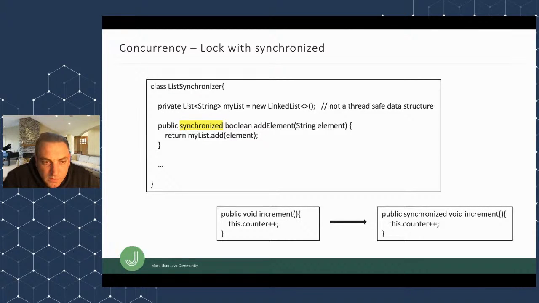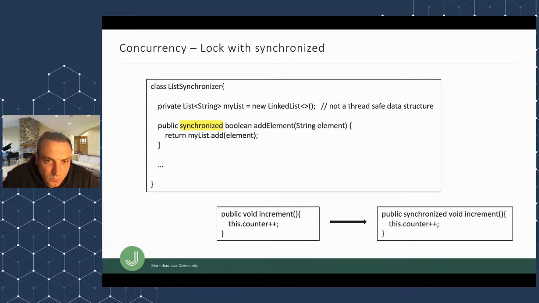This is basically what happens when we use the synchronized keyword on methods. When the method is executed, the thread that is executing it is going to try to take the lock.